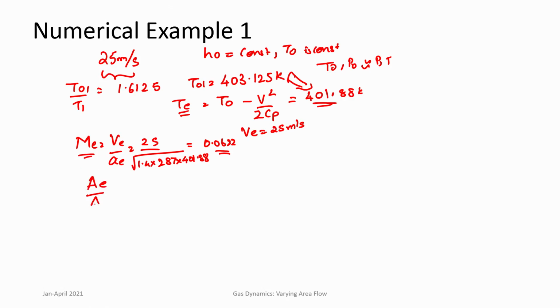A e by A e star can be found, it is 9.3255. Now we need A e by A I, that is what is the area ratio A e by A I. So this is A e by A e star multiplied by A e star by A I. Now for A e by A e star, the value is known, 9.3255.